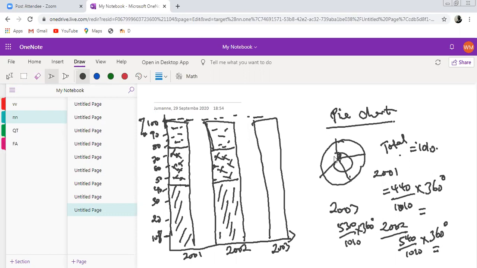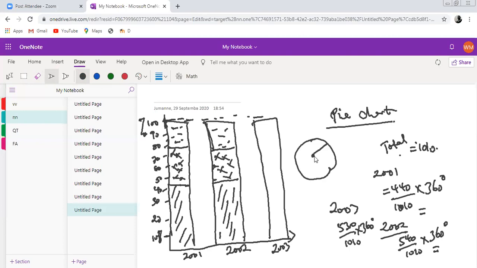Then after doing those computations, you should come here and have your pie chart. Have your circle, the center. This one is going to be smaller. This is how many degrees if you calculate?